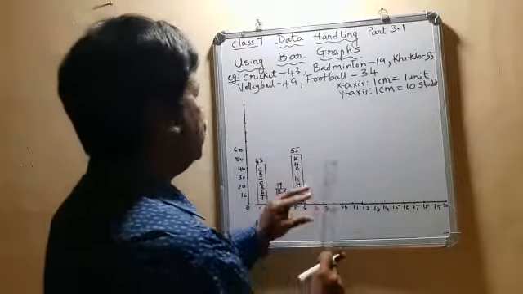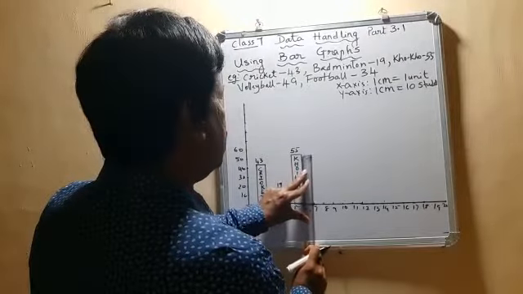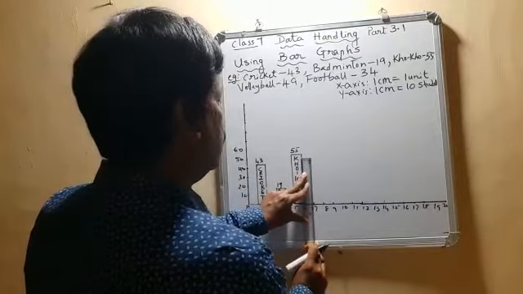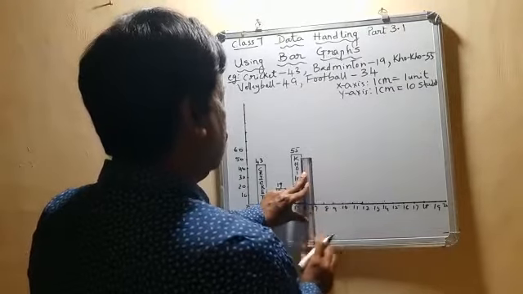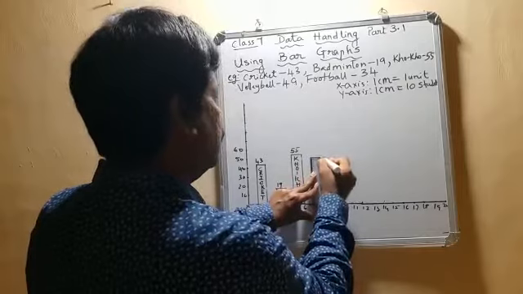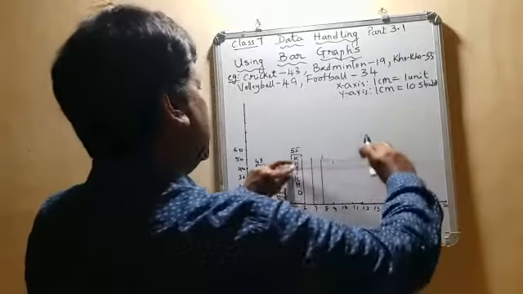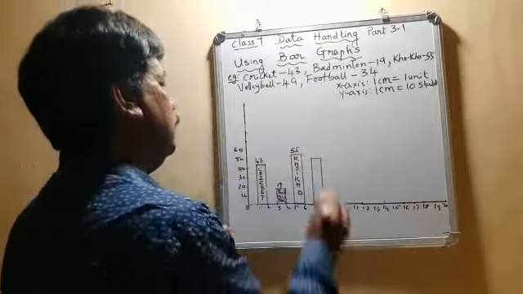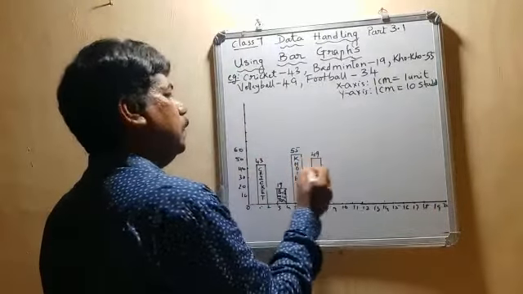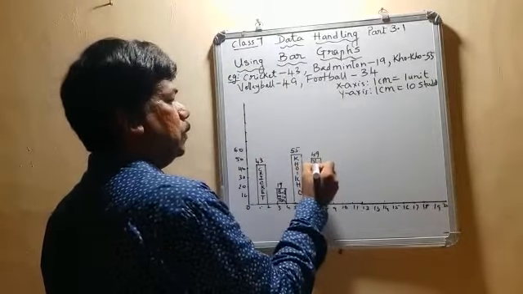Next is volleyball, which is 49, which comes to here. This is volleyball.